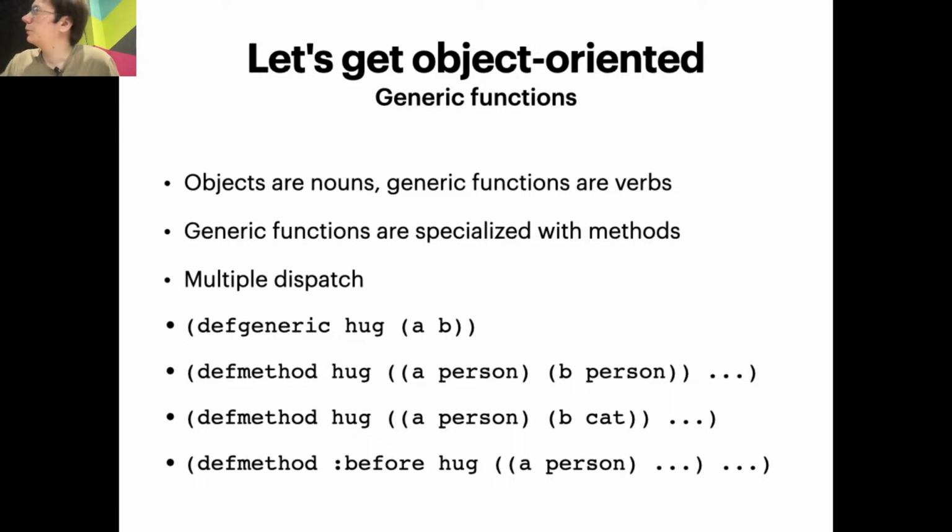And there is another feature called method qualifiers, which allows us to not just add these specializations over our classes, but also to hook into our generic functions, either before they are executed or after they're executed.